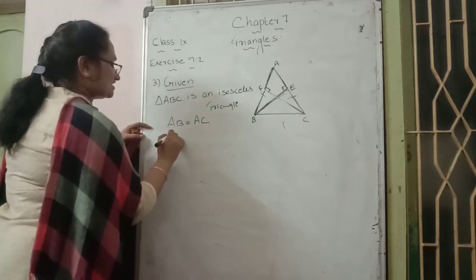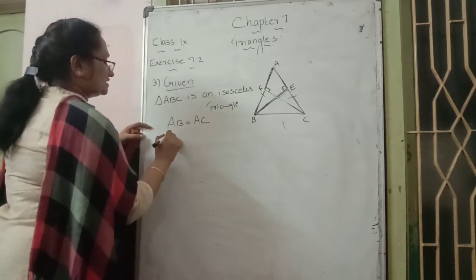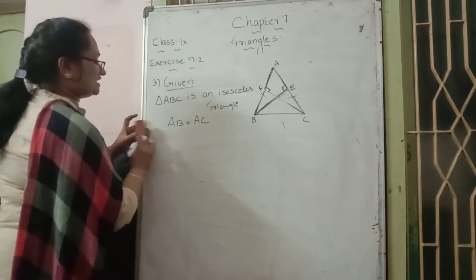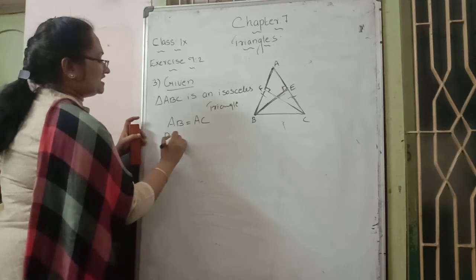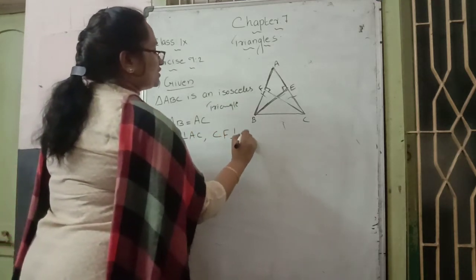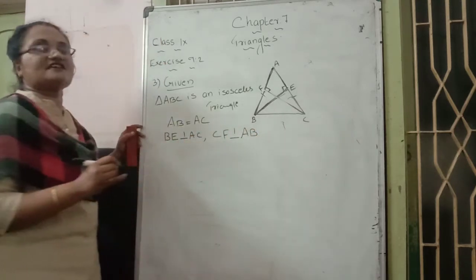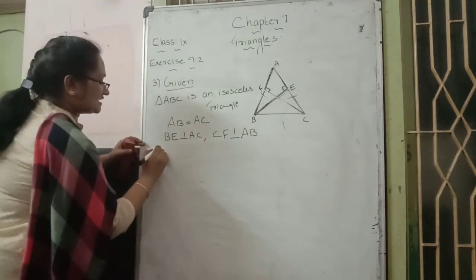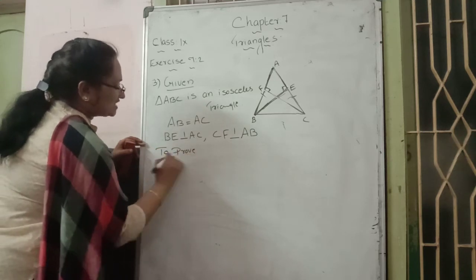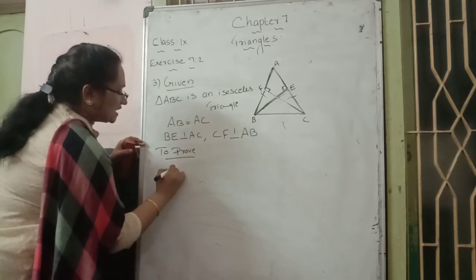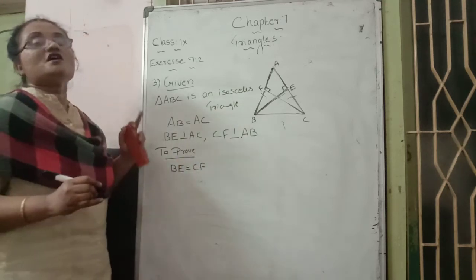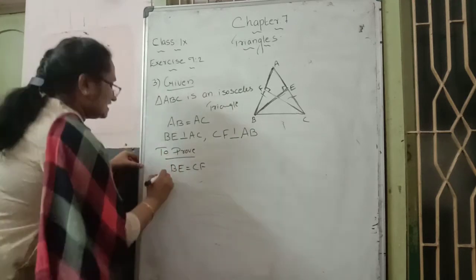Next, the information given is that BE is perpendicular to the AC side and CF is perpendicular to the AB side. These are the given facts. Next step: to prove. What do we want to prove? We want to prove that BE is equal to CF, that both altitudes are equal.